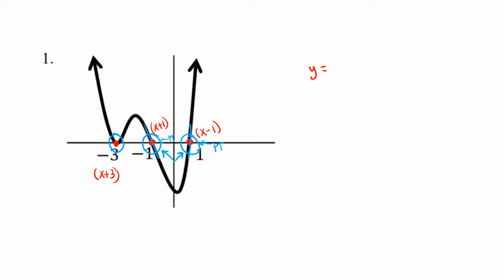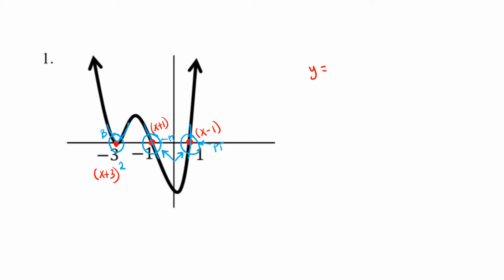So we can just leave those as x plus 1 and x minus 1 to the first power. For the x-intercept at -3 though, notice how we get to that x-intercept and then we shoot right back up into that same top two quadrants. That is a bounce, and since it's bouncing, we're going to have an even exponent, so we're going to make that x plus 3 squared. With that, we can start writing our equation.